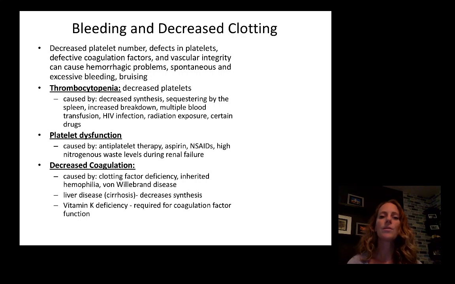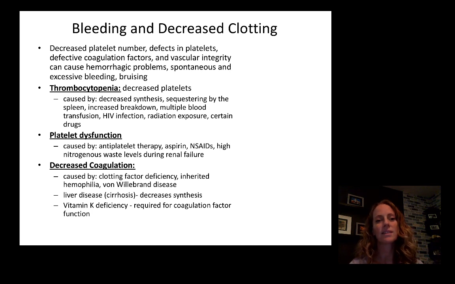There are also bleeding and decreased clotting conditions. So this can happen because of decreased platelet numbers or thrombocytopenias. For example, decreased synthesis, sequestration of platelets by the spleen, increased breakdown, blood transfusions, HIV infections, certain drugs can all lead to thrombocytopenias.